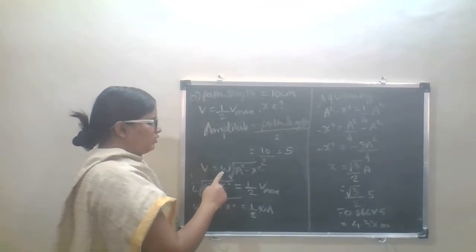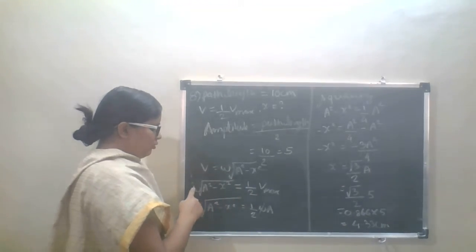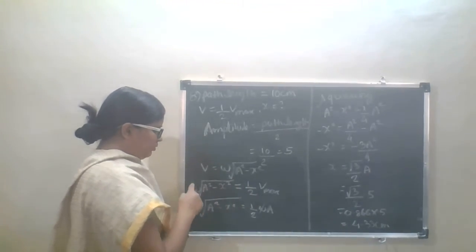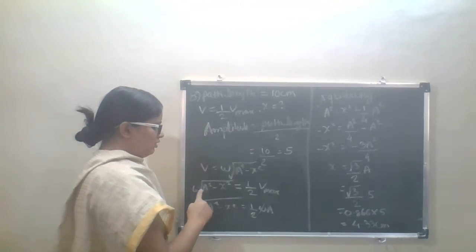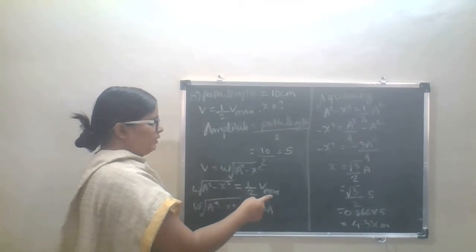Okay, and V is equal to omega into under root a square minus x square. So omega into under root a square minus x square is equal to 1 by 2 V max.